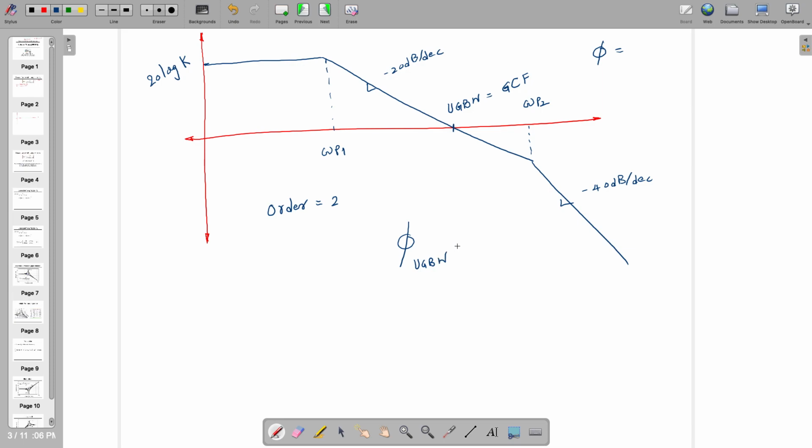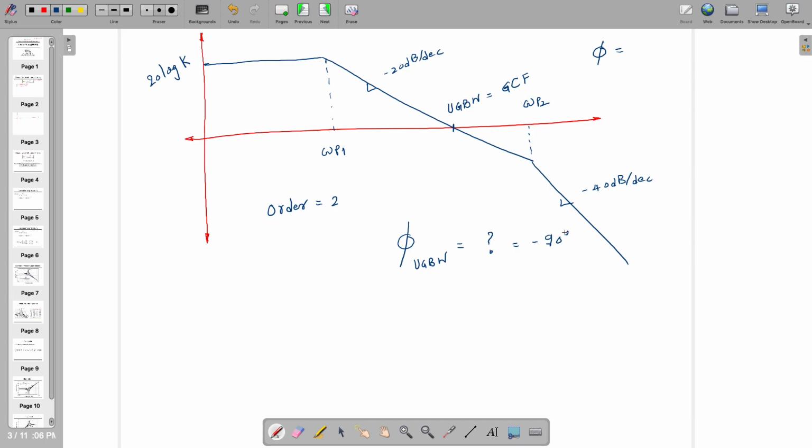That might be a better word. Yeah, you are right. It will be minus 90, not plus. It will be minus 90.